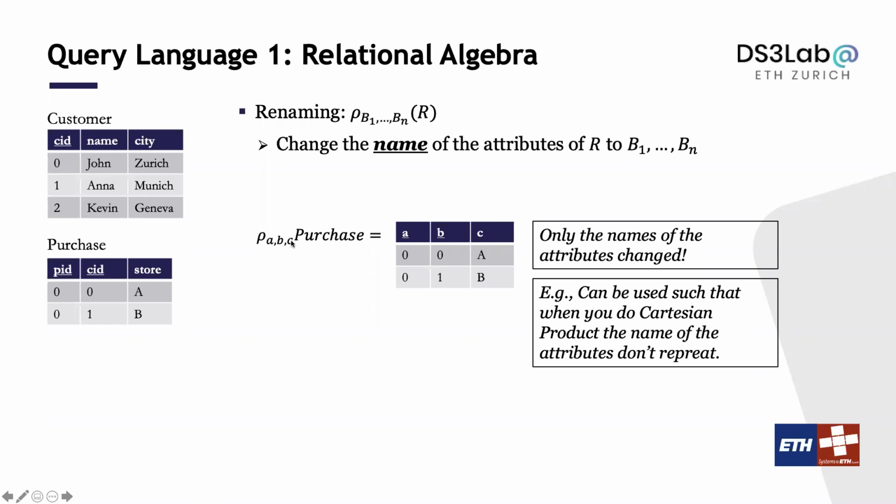When I talk about the tuple, I always abuse the notation to avoid writing the full name, but what really happens is PID equals A.